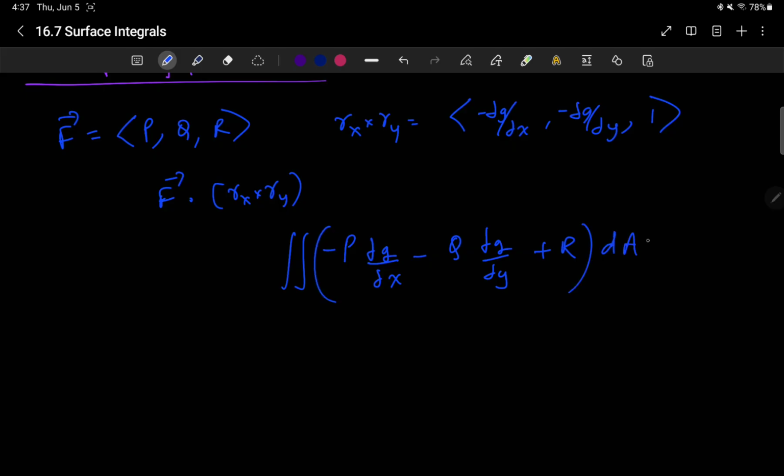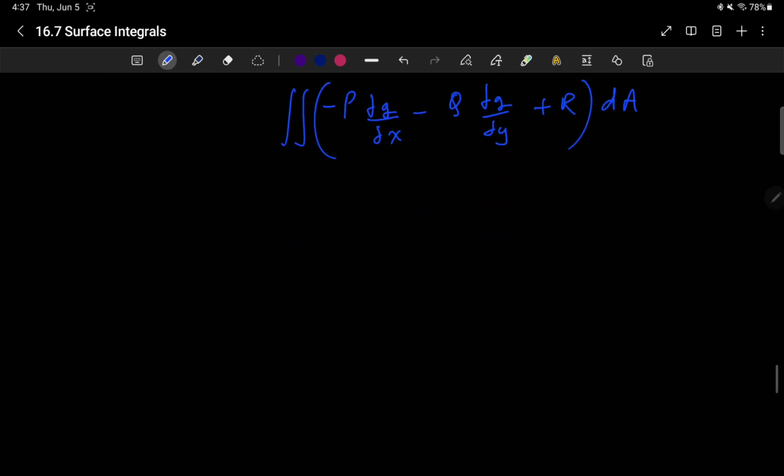So it's not something that you have to remember, because you can find Rx, Ry. It's a little bit of work, maybe it takes a minute, minute and a half to get this result. And then you can dot it with P, Q, R to get this form.